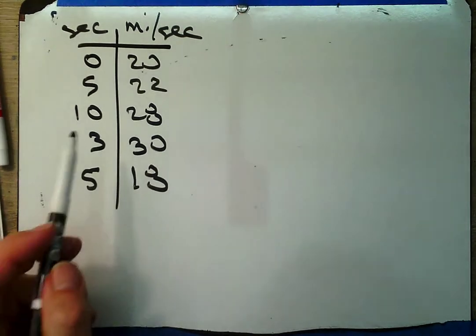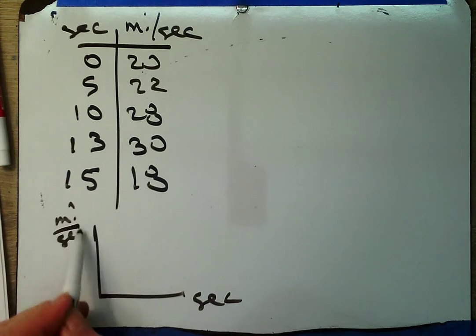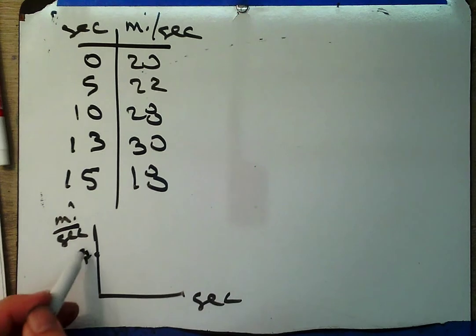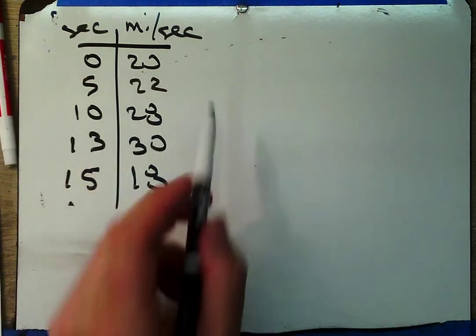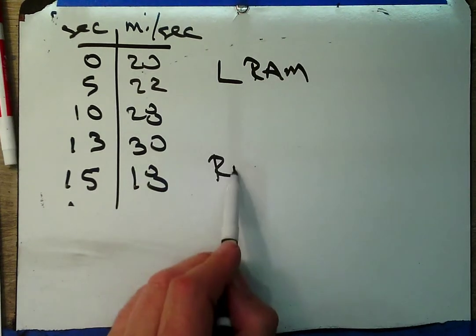Okay, so again, what I want to know is, if I've got these seconds and miles per second, and I've got these values here, no, I don't want to use the graph. You can use the graph. I want to use the table. I want you to find LRAM. I want you to find RRAM.